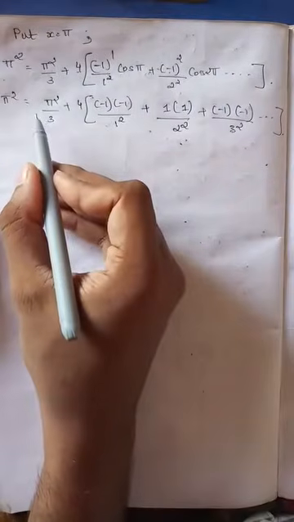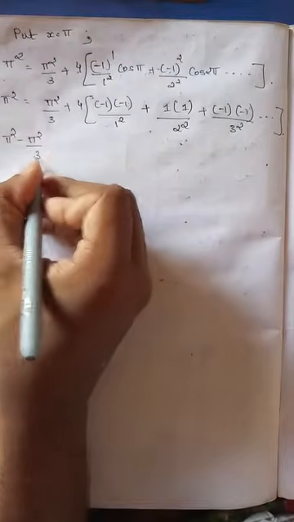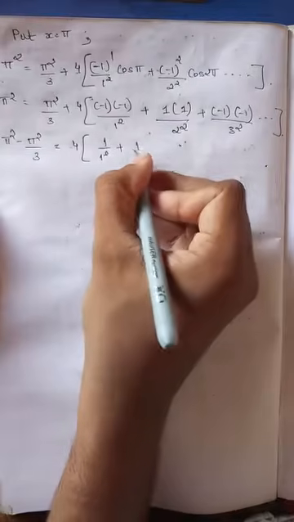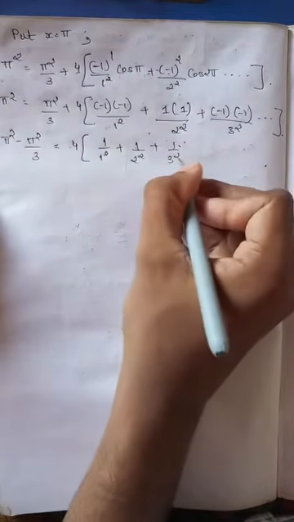So now bring this pi square by 3 to another side, that is pi square minus pi square by 3 equal to 4 into 1 by 1 square plus 1 by 2 square plus 1 by 3 square.